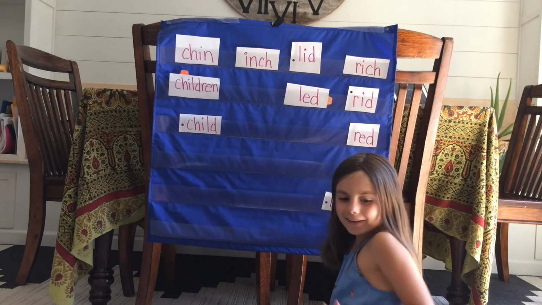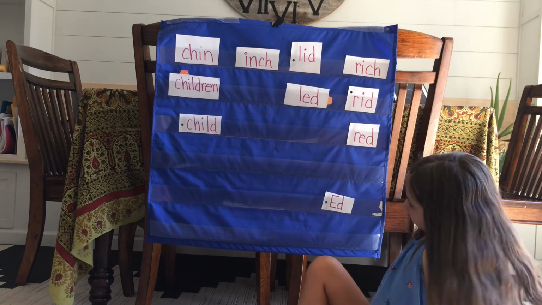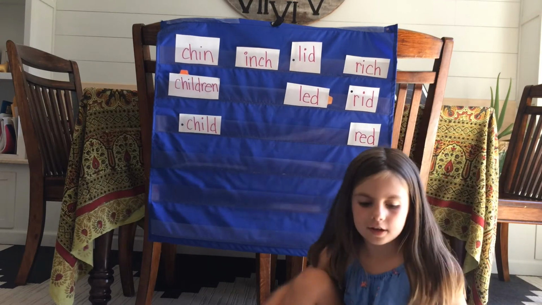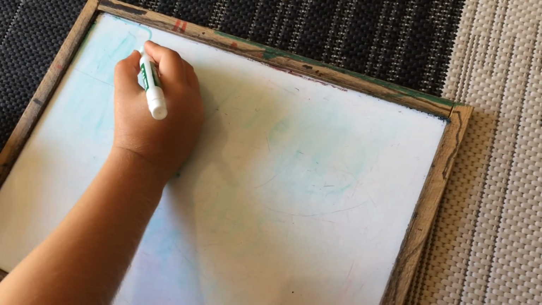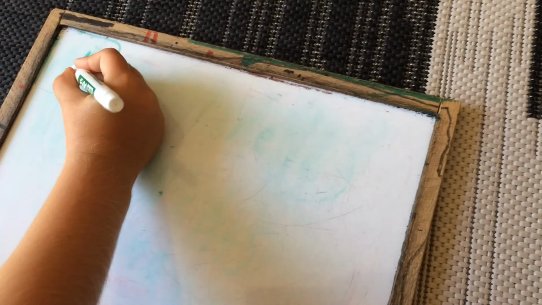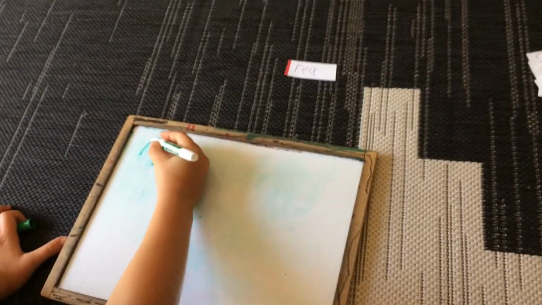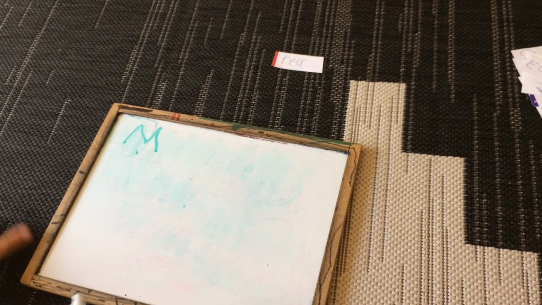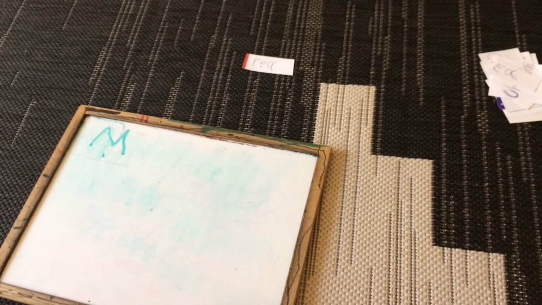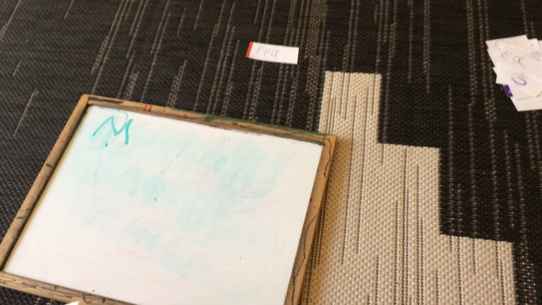Okay, choose one word, or 2 or 3 if you want to challenge yourself, to write a word in a sentence. Andrina is ready to write her sentence. She's going to start with a capital. What's your sentence, Andrina? Can you read it to us? What are you thinking? My friend Ed likes red.